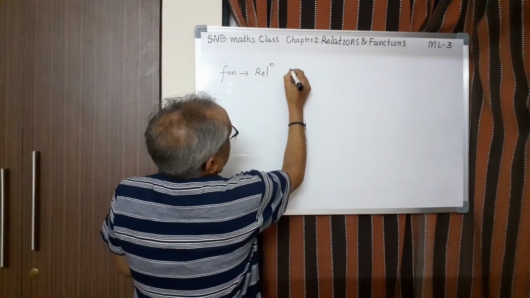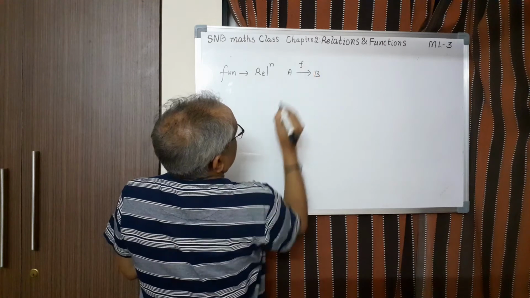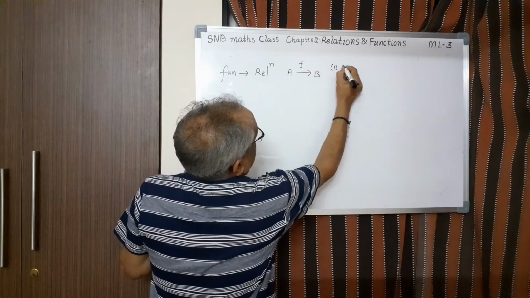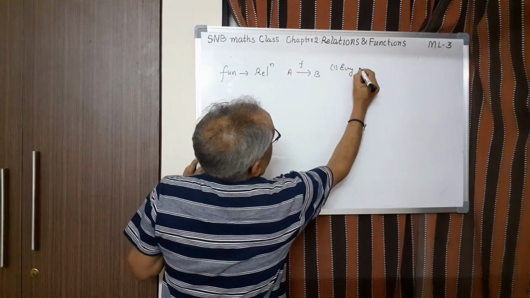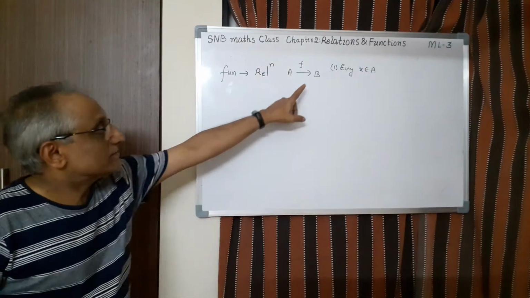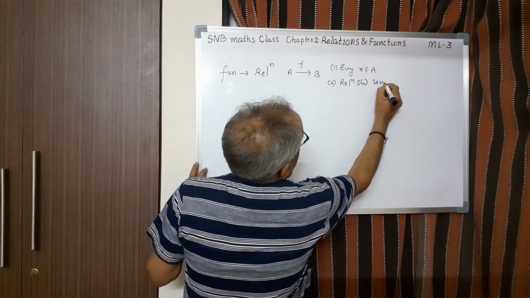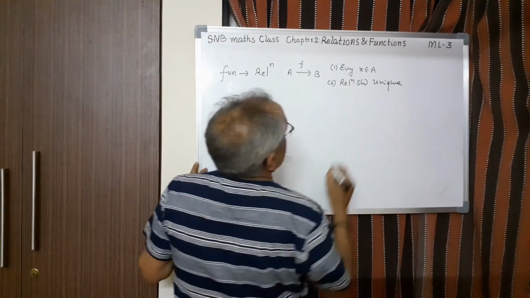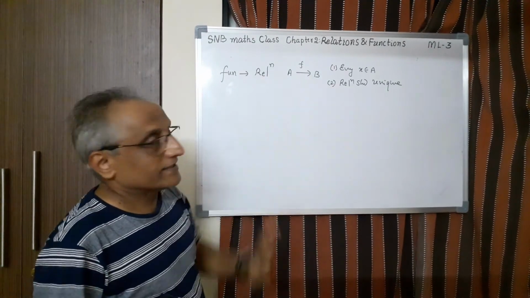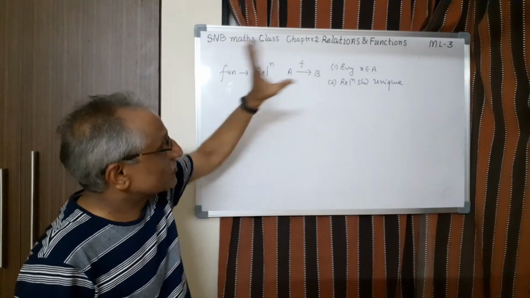It is a relation from A to B denoted by f. First, every element x belonging to A should be related to some element of B. Second, this relation should be unique. Unique means one and only one element of B it should be related to. So these two conditions are the heart of function.